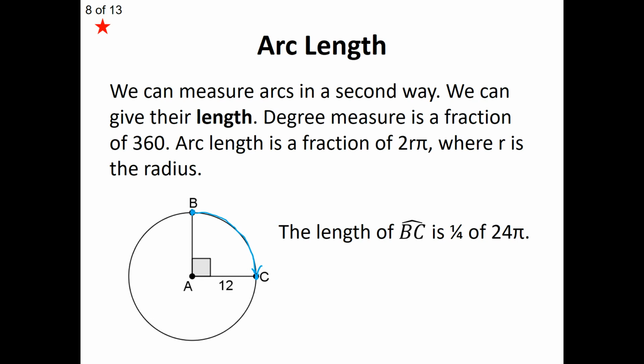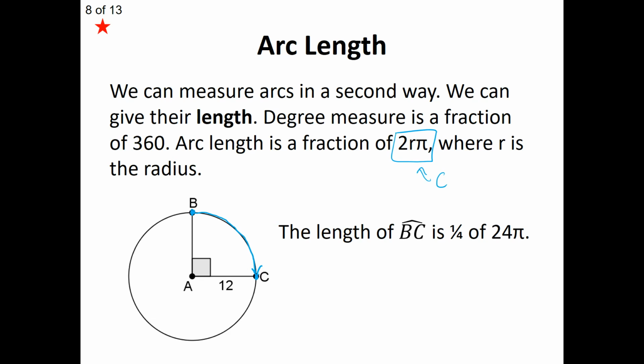Well, then let's think about what arc length is. If you think about walking from point B to point C in our diagram, what I'm really walking is a portion of the circumference of the circle, which means the arc length is a fraction of 2πr, which is what we saw with our circumference, C. So with degree measure being a fraction of 360 and the arc length being a fraction of 2πr, we can form a proportion that relates the measure of the arc to the length of the arc.